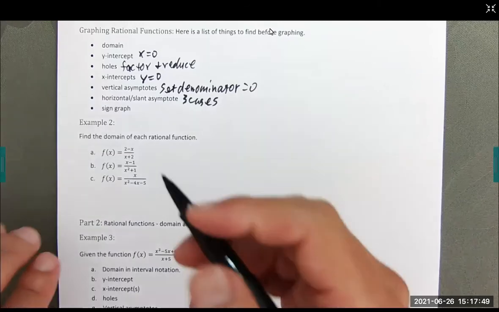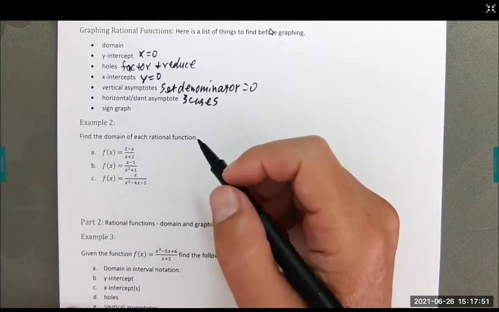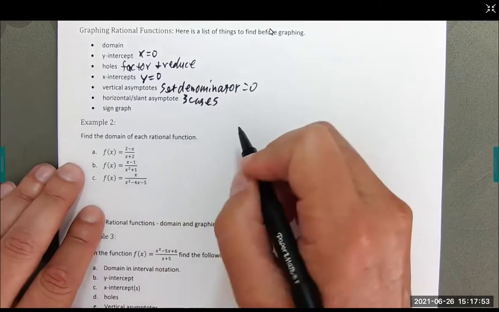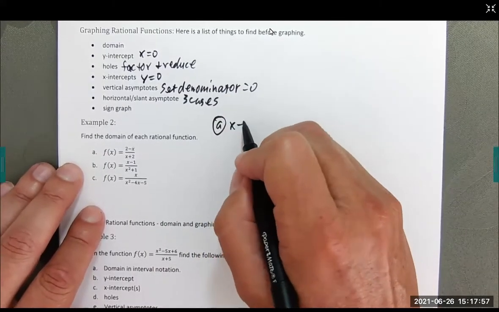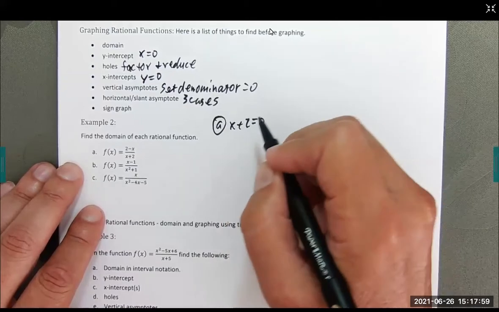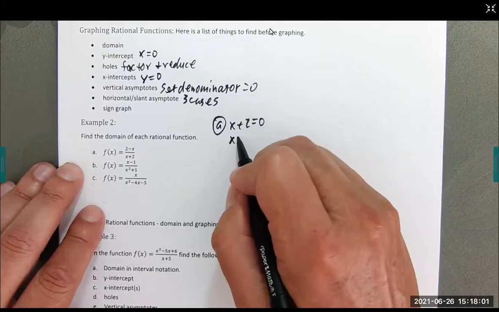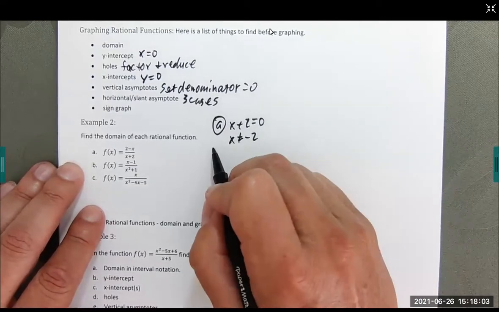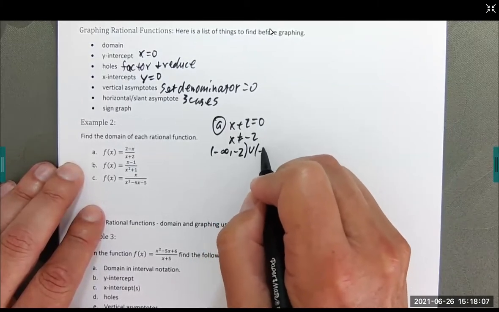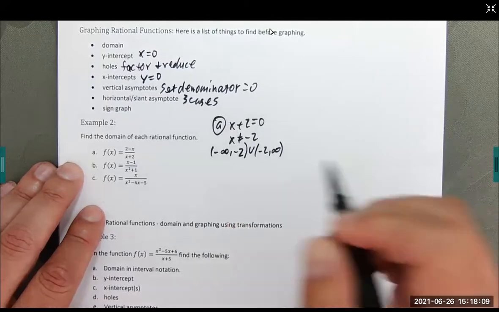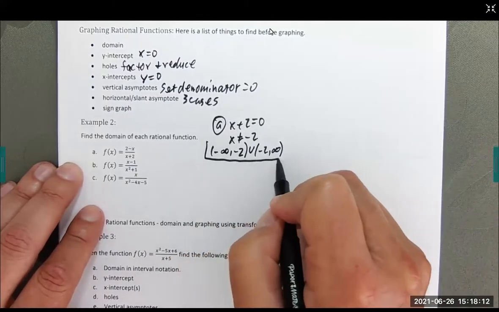All right, so find the domain. For A, the denominator x plus 2 equals 0, so x cannot equal negative 2. There's the domain in interval notation.